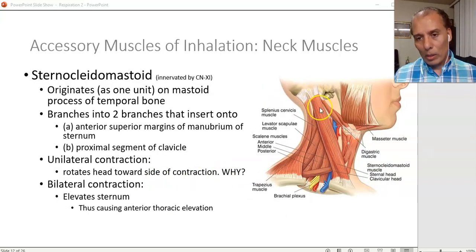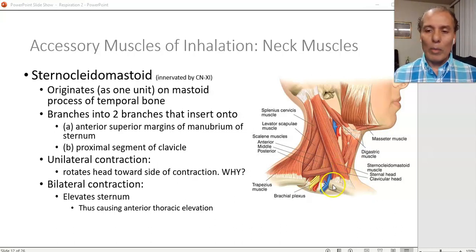So here's the muscle. It starts as one unit out of the mastoid, comes down, and then branches into 2 pieces. One goes to the clavicle, one goes to the manubrium of the sternum.